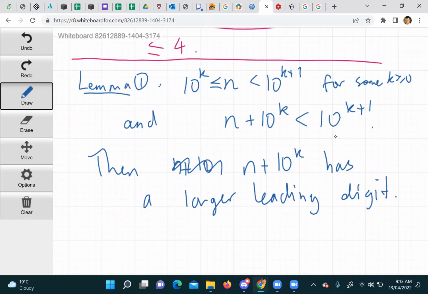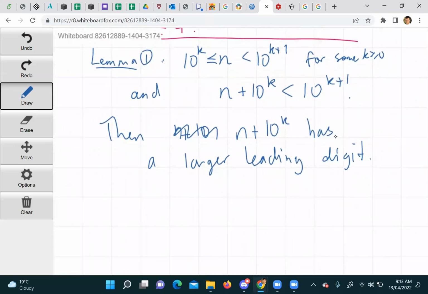It's kind of obvious, but it's really just stating something that puts this into the foreground. Basically 10 to the k is the value of the first digit, the minimum value for n. So you're basically just adding 1 to the first digit of n, so the digit has to increase if it doesn't carry. It's a really trivial lemma, but when you think of it this way, it makes a lot of things very easy to prove.